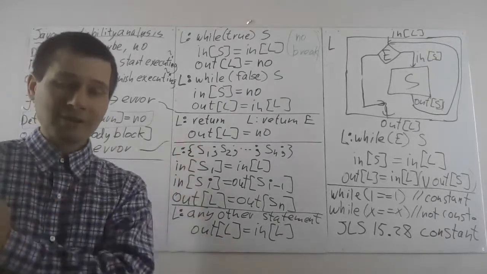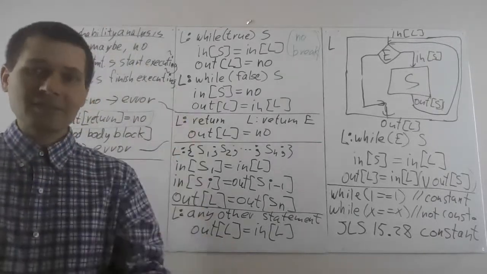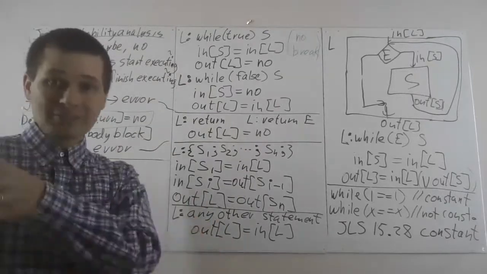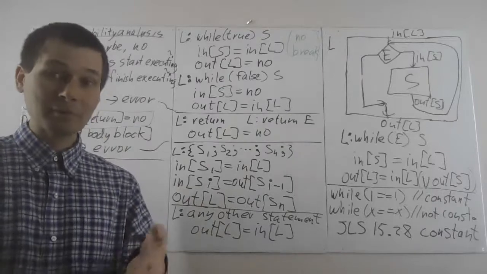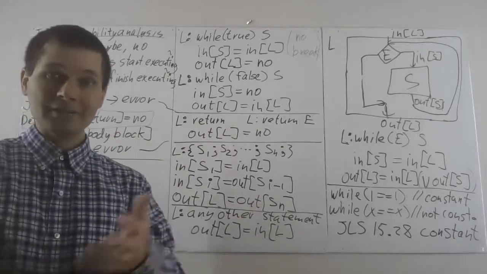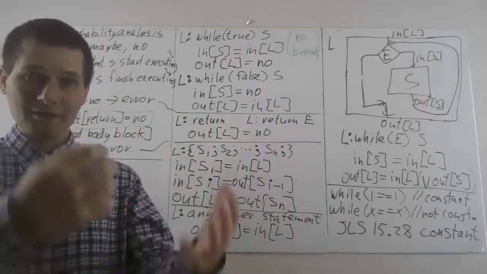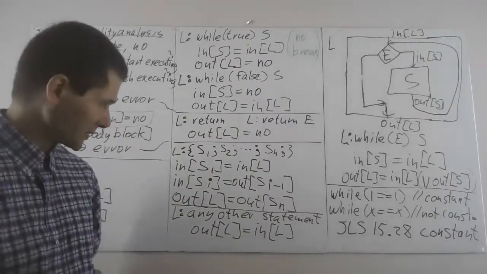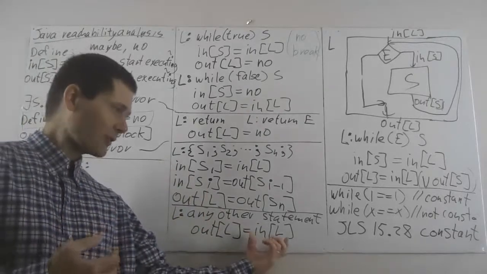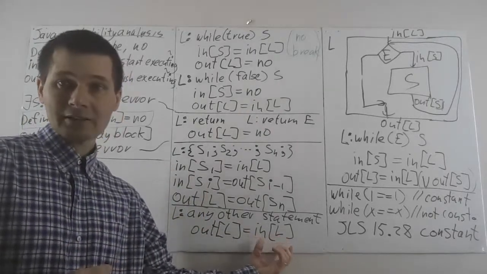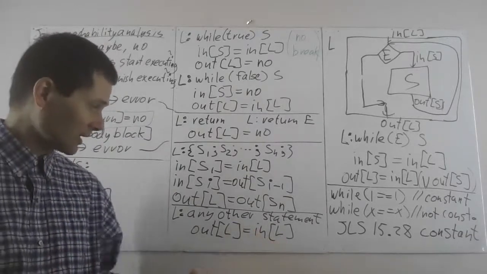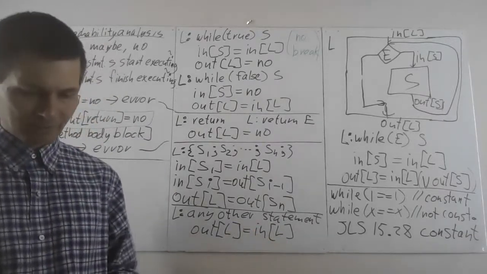But here's where the ability to say maybe is important, because if you had to say yes or no, you'd have to figure out whether that method halts or runs forever. So here we're going to say maybe. However, if in of L is no, so the method can never even start executing, then of course it's not going to finish executing.